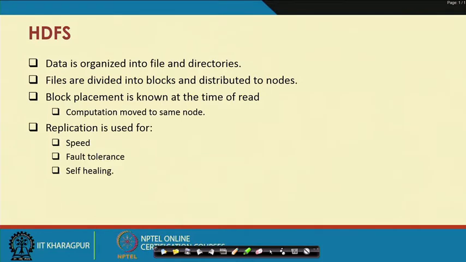The second important gain of replication is fault tolerance, that is, if one of the servers goes down, then you can run the job on the other server without losing the whole job.